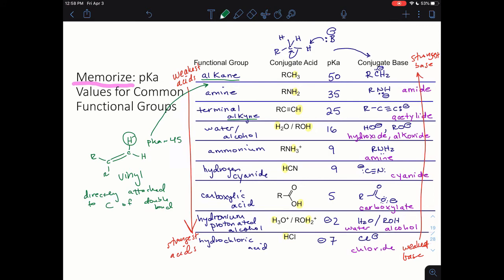Now, one more pKa that's useful to know. So you can see we have water and alcohols. They're similar because the acidic proton is quite similar, right? The only difference between water and an alcohol is that the alcohol has an alkyl group in place of one of the hydrogens. So water and alcohols are very similar in terms of acidity.